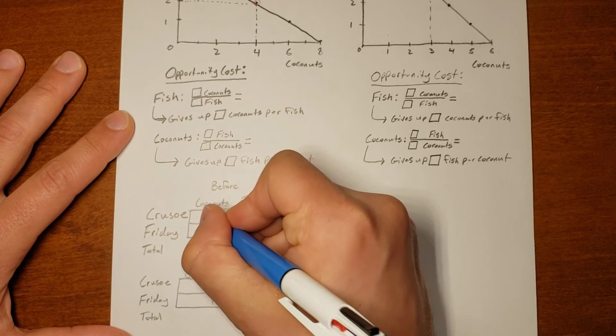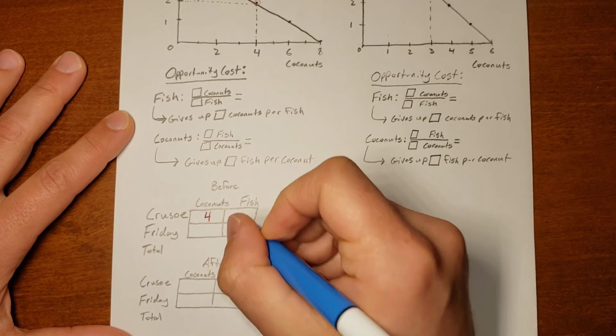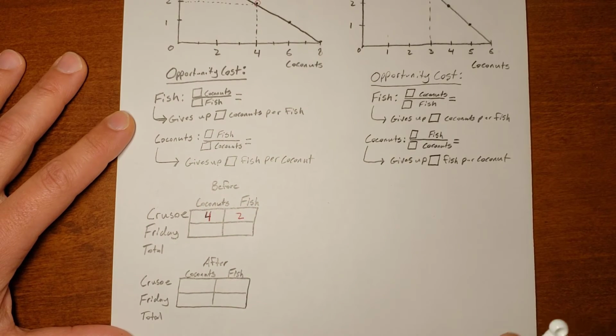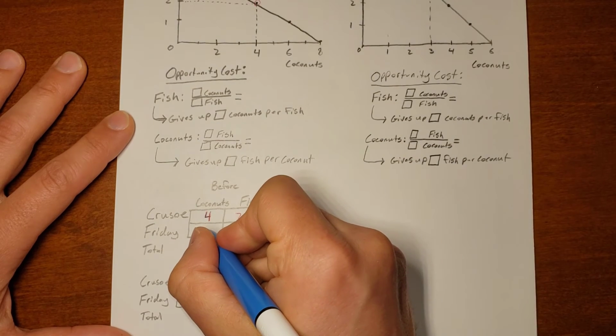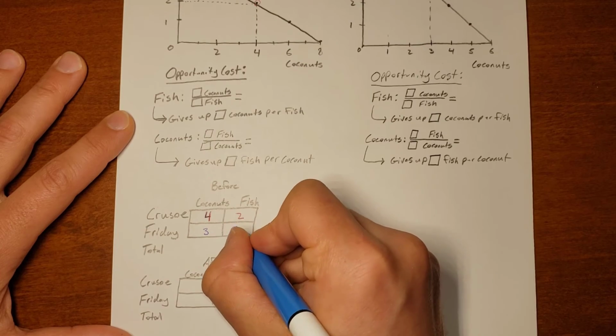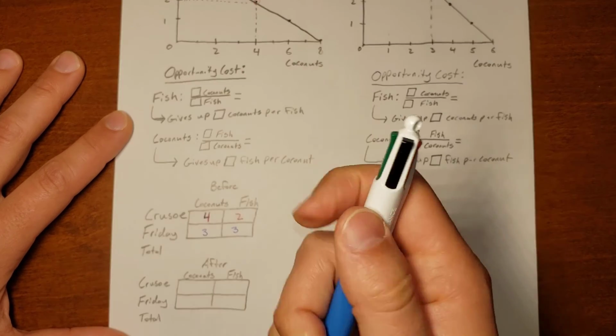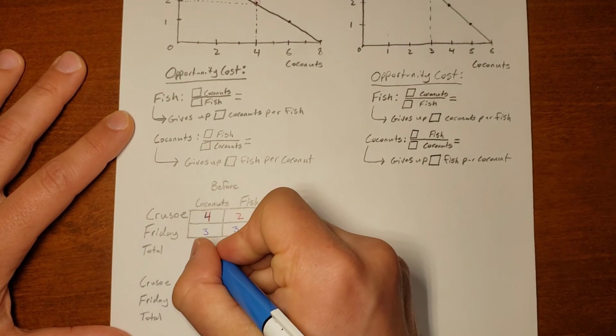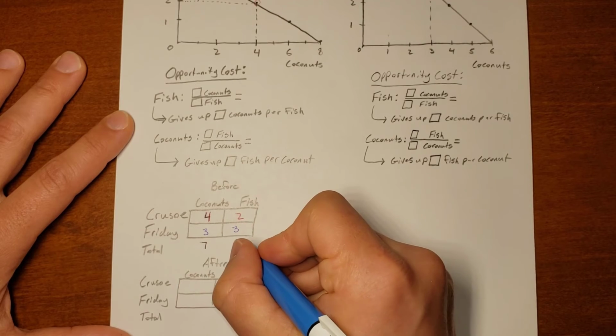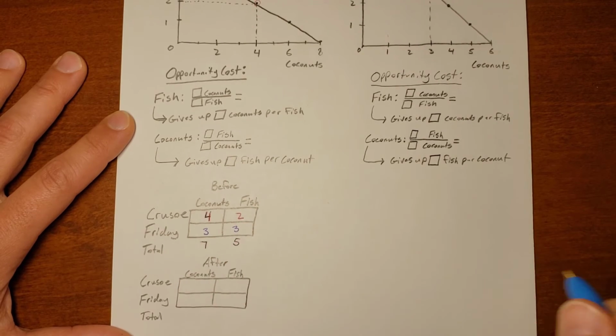Friday, I'm going to use blue for Friday, is currently producing 3 coconuts and 3 fish, making a total of 7 coconuts and 5 fish.